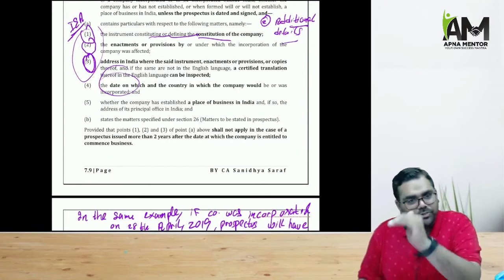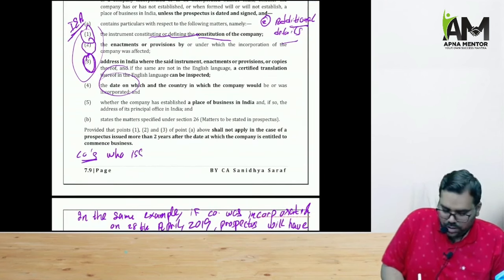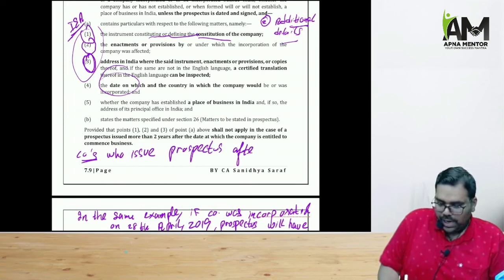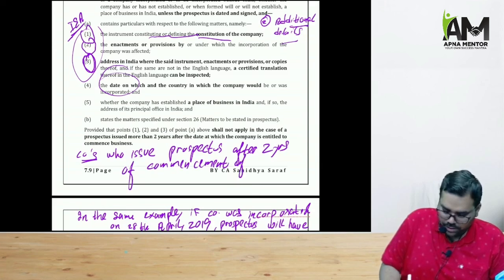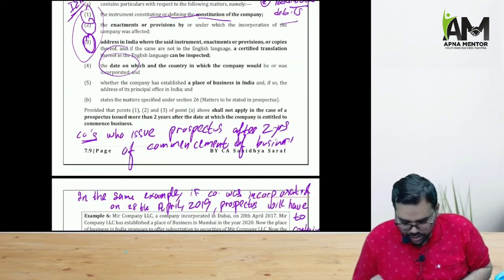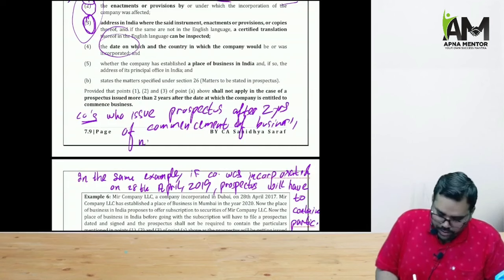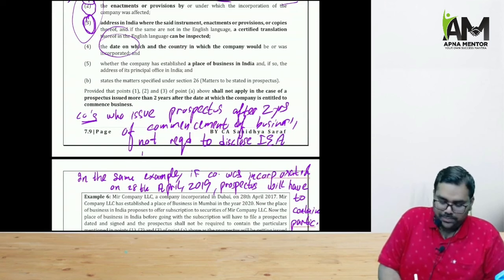If I make it very simple: companies who issue a prospectus after 2 years of commencement of business are not required to disclose IEA in the prospectus.